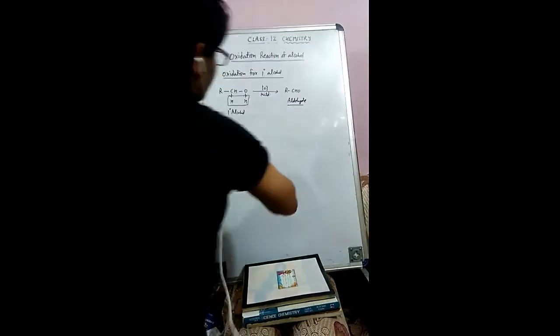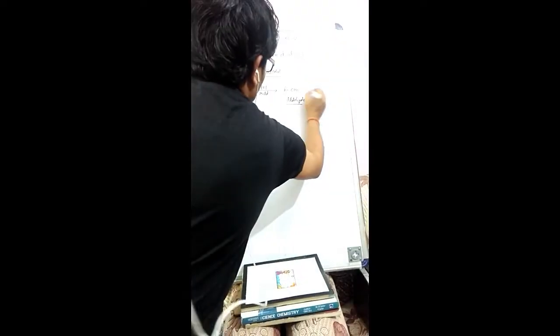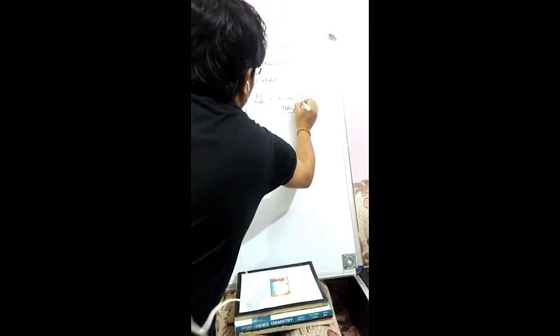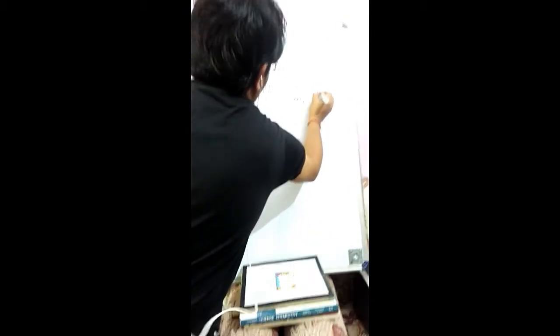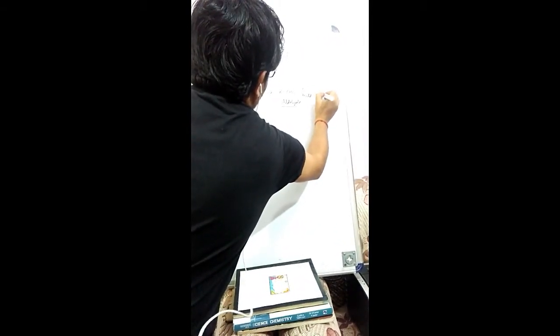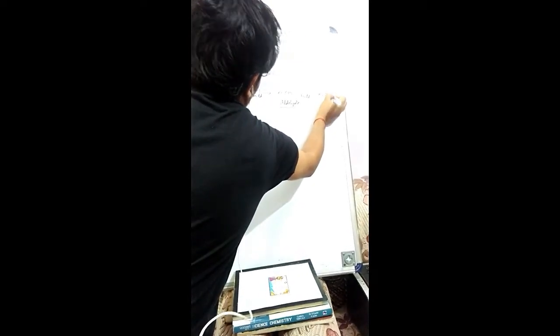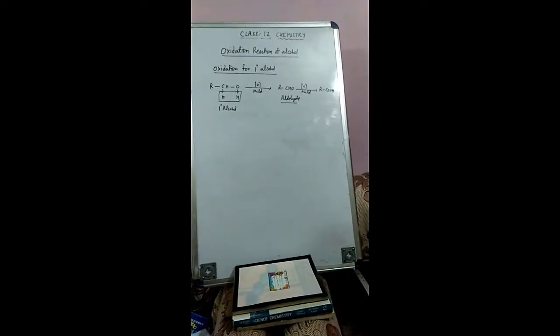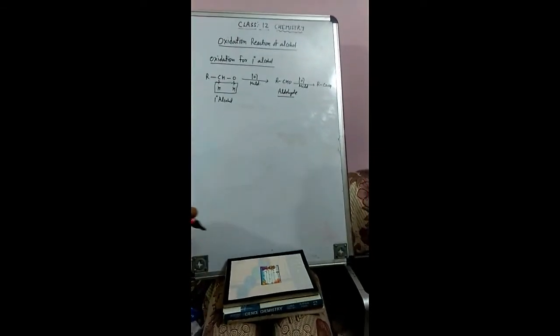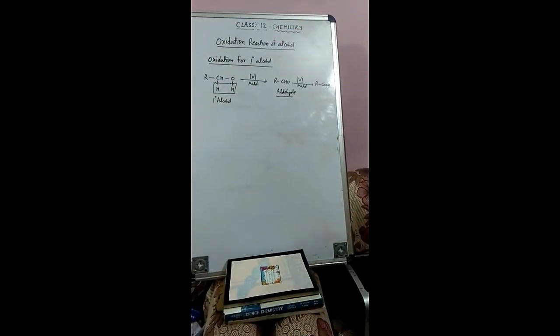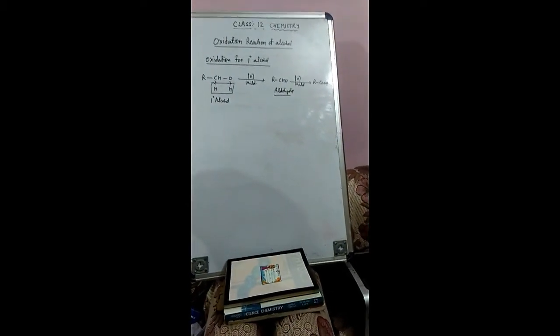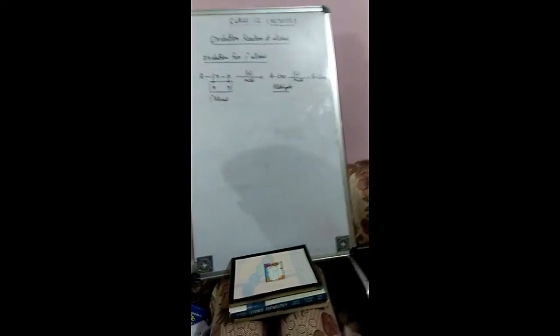Aldehyde. If this aldehyde is again oxidized with a mild oxidizing agent, it will give us a carboxylic acid, RCOOH, with the same number of carbon atoms as the alcohol.